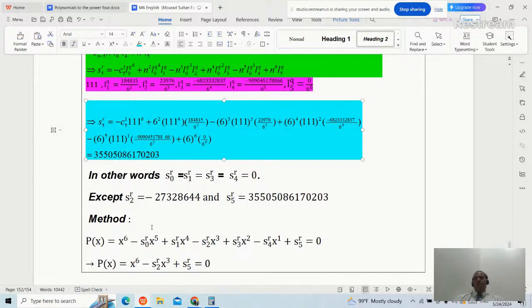Now I will use the method. The first polynomial to the power 5 is extended to a polynomial to the power 6, and we obtain this new value.